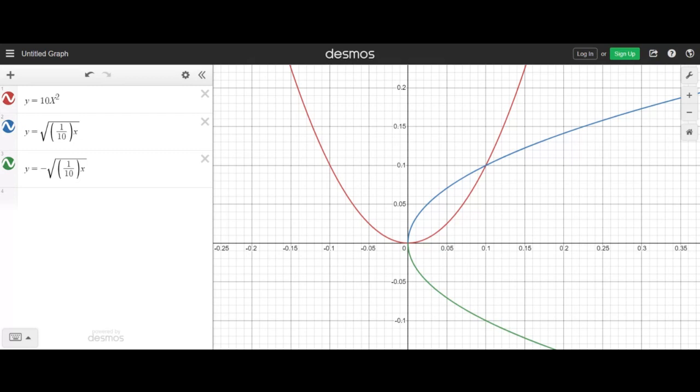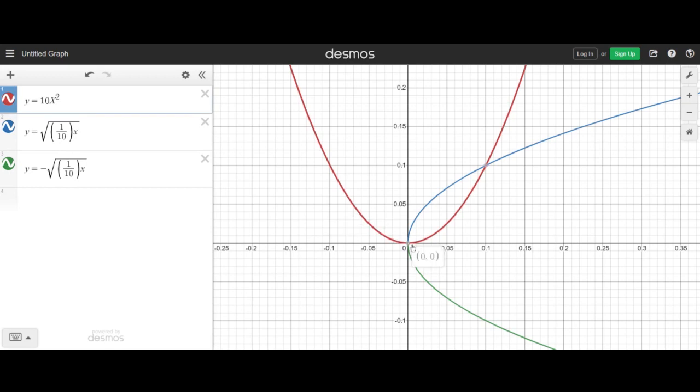So let me see here, one moment. I'm trying to see how we get points of intersection in Desmos.